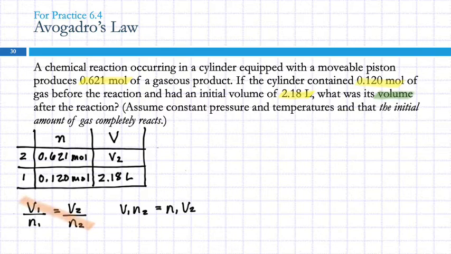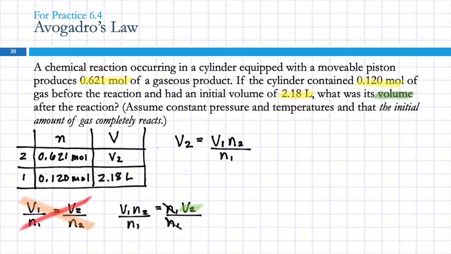And it's called cross multiplying because it crosses, right? So from our table, we know we're looking for V2. So I can get V2 by itself if I divide by N1. Do that on both sides. Volume 2 is equal to volume 1 times N2 divided by N1.